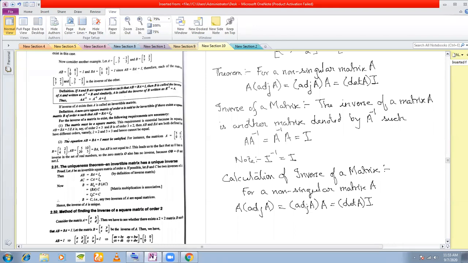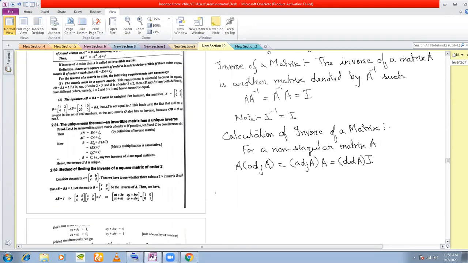Now what you do here is, if I divide all sides by det A, I get 1 by det A into adjoint of A is equal to 1 by det A into adjoint of A. This proof will not come. I am showing you only for your information, because you know how important this theorem is.